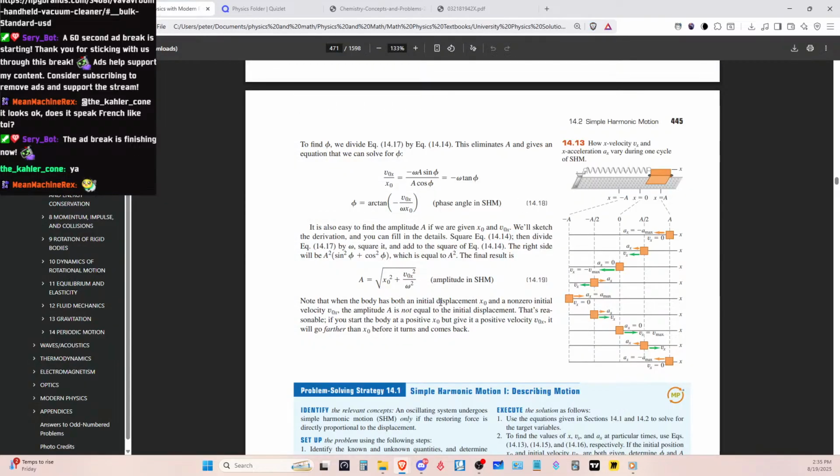If the body has both an initial displacement and a non-zero initial velocity, the amplitude A is not equal to the initial displacement. That's reasonable if you start the body at a positive x naught, but give it a positive velocity v naught x. It will go further than x naught before it turns and comes back.